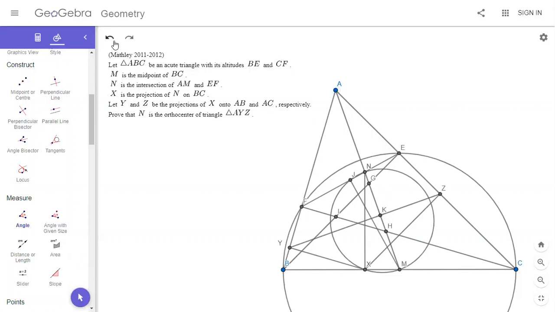Yeah. So I was thinking of proving A, J, X collinear. So if we deduce something, then that cyclic quadrilateral you found, J and X, M, can be useful.